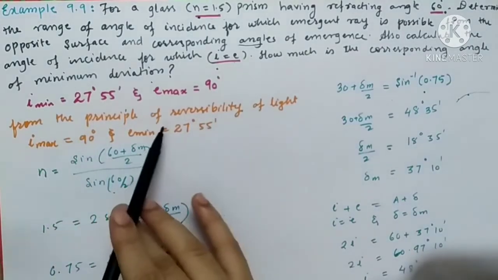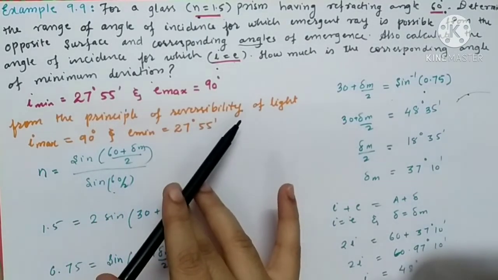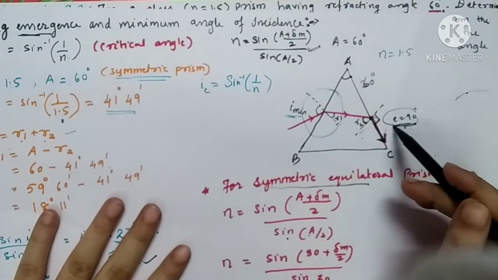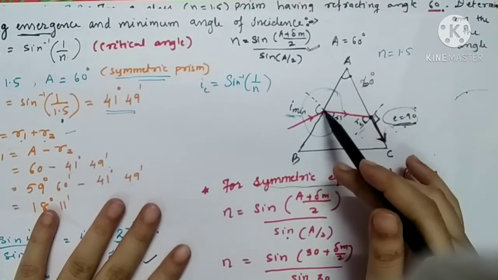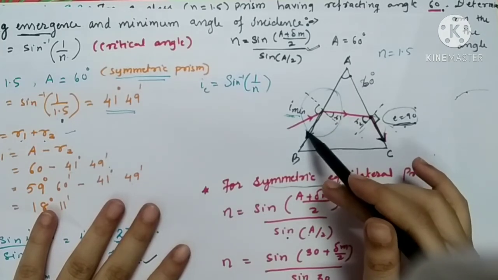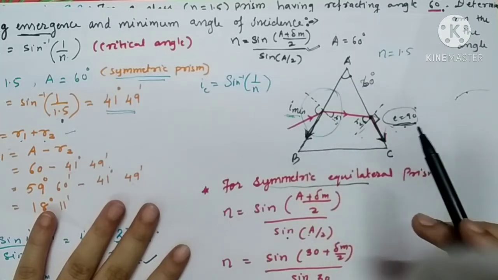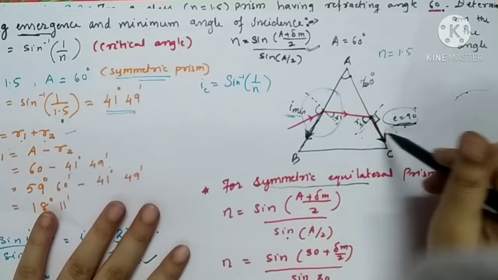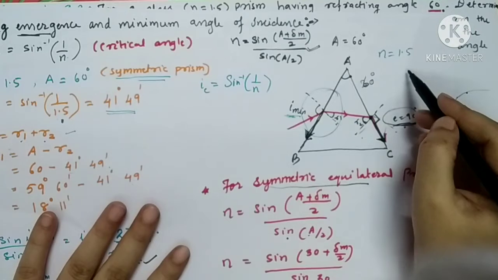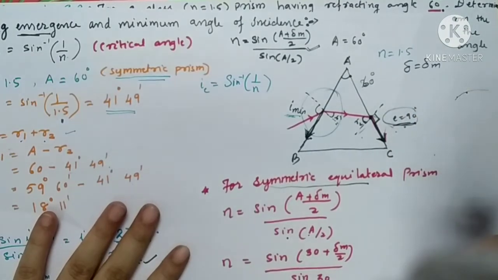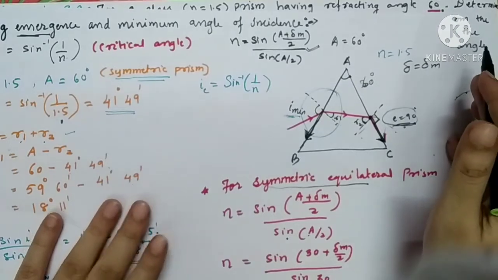Now from the principle of reversibility of light, means you can take your angle of incidence from this side and you'll get a grazing angle of emergence on the side AB also. This is only possible when you retrace a part of a light beam, whenever you set your prism at delta is equal to delta m.